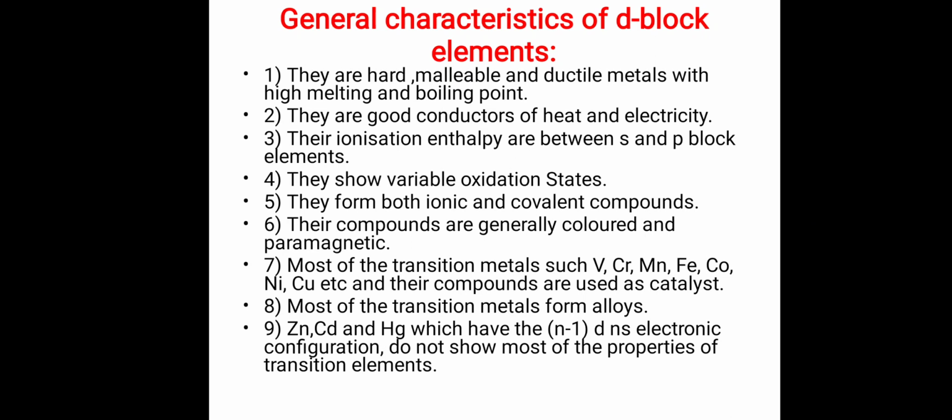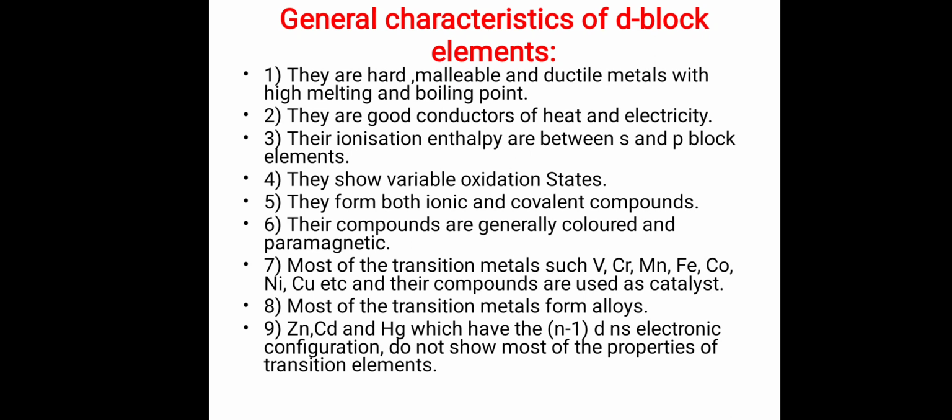They are hard, malleable and ductile metals, with high melting and boiling points. The d-block elements have a lot of special characters. They exhibit various oxidation states. They are good conductors of heat and electricity, and their ionization enthalpy lies between s-block and p-block, so comparably high.